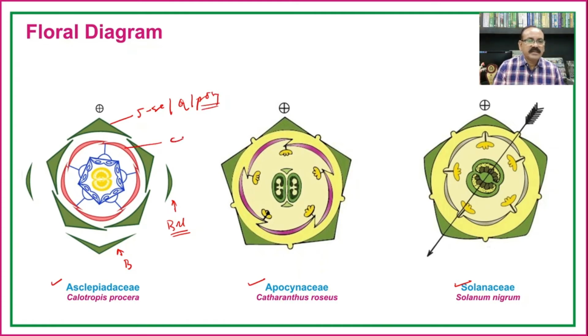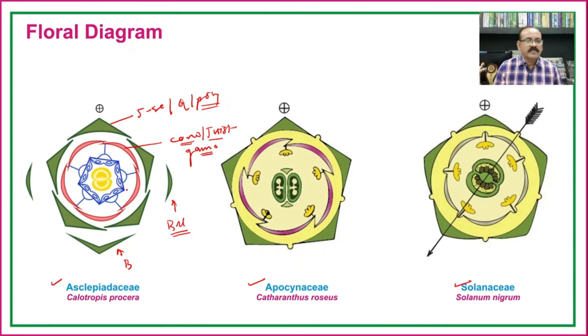Then there is a corolla with twisted estivation, and all are fused with each other, and hence it is a gamopetalous condition.